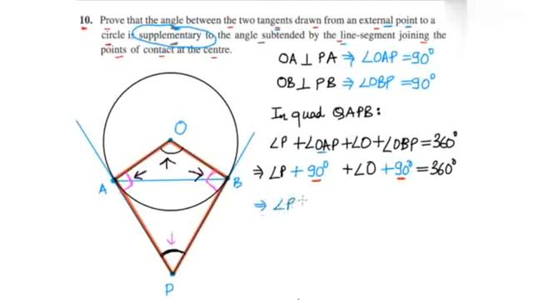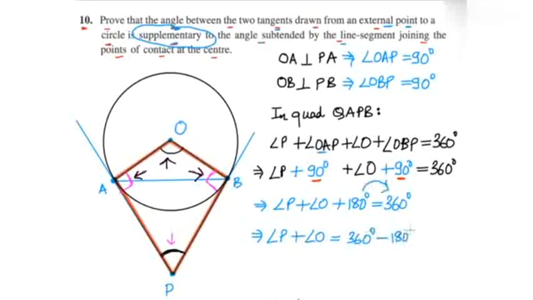So angle P plus angle O plus 180 degrees is equal to 360 degrees, and therefore angle P plus angle O will be 360 minus 180, or 180 degrees. So we basically had to show that angle P and angle O are supplementary. In other words, their sum is 180 degrees. So therefore, we have completed our proof. Okay, and this completes the question.